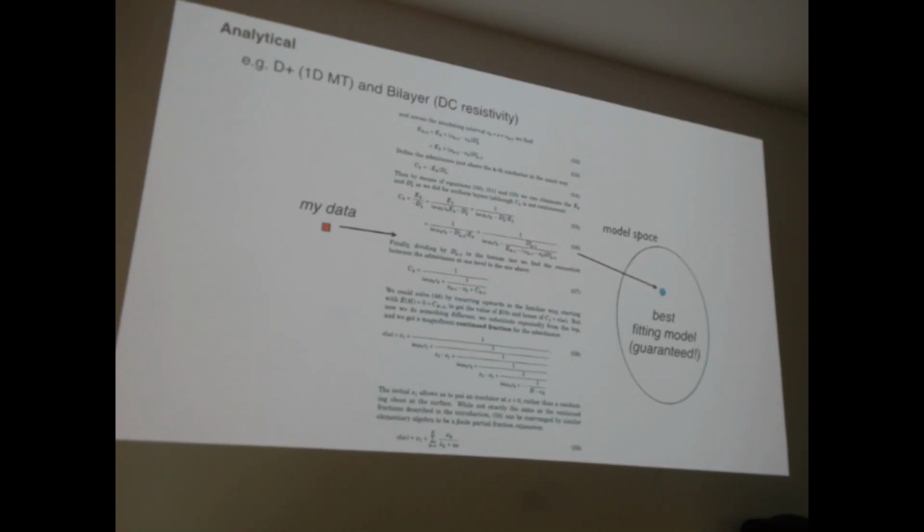And then finally, for one EM induction problem, the 1D magnetotelluric problem, Bob Parker created an analytical solution to the inverse problem. Basically, he says, if you have some data, you feed it to my algorithm, and I'll give you the guaranteed least squares best fitting model.